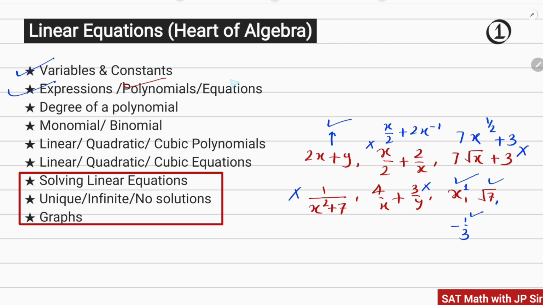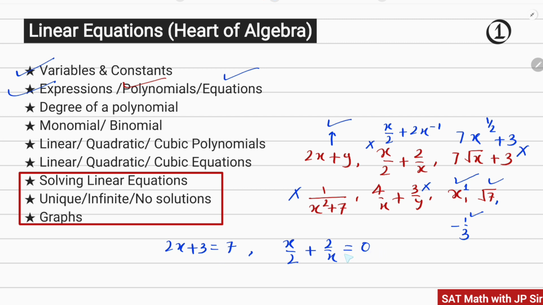Got it? Now, what about equations? Well, equation means you are writing something equals something. If you write 2x plus 3 equals 7, it is an equation. If you write x upon 2 plus 2 upon x equals 0, it's an equation.